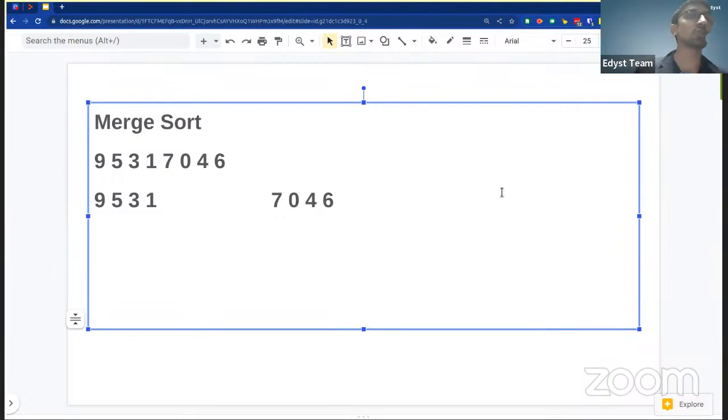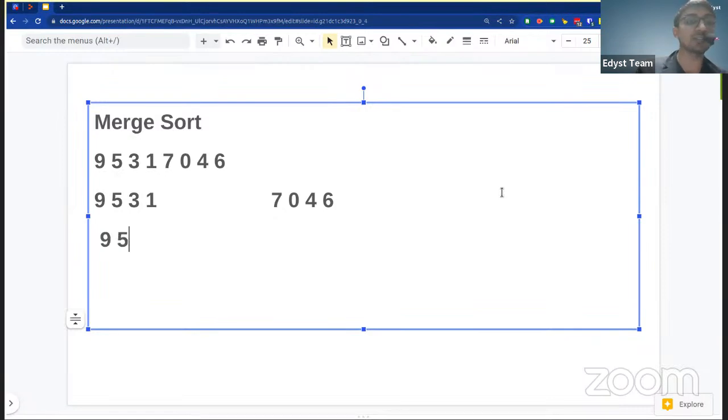To sort 9531, you all said 1359, but how will the computer sort it? I will again apply the same thing. What is the first step? Divide into two parts.